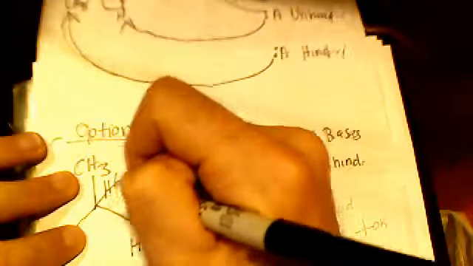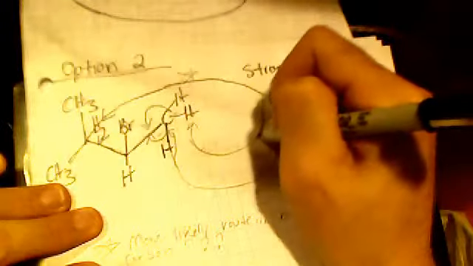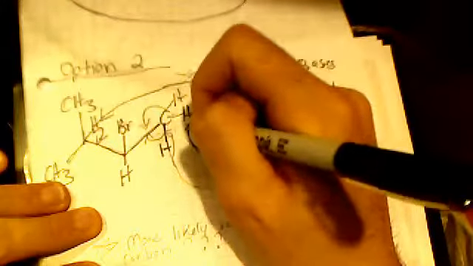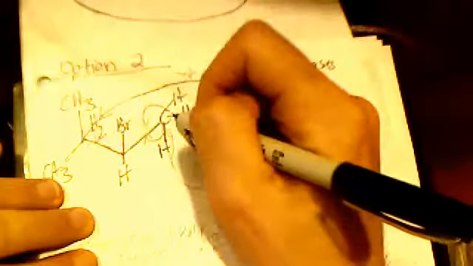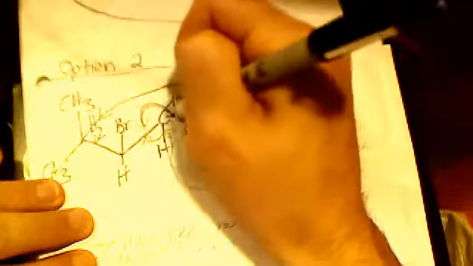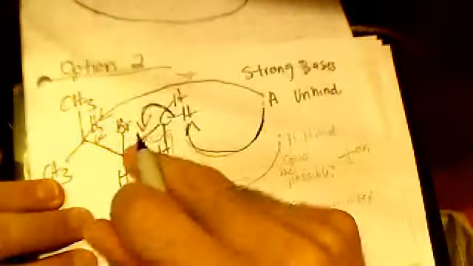Now, it could go 2 ways, right? It could go over here and take this H right here, and then that H would form the double bond right here, and we don't want it there. But it could also, it seems to me, come here and take this H, and then that H would form the double bond right there, and we would get the product we want.